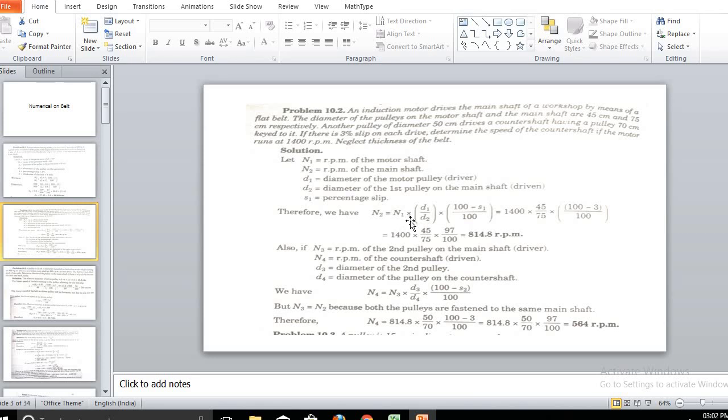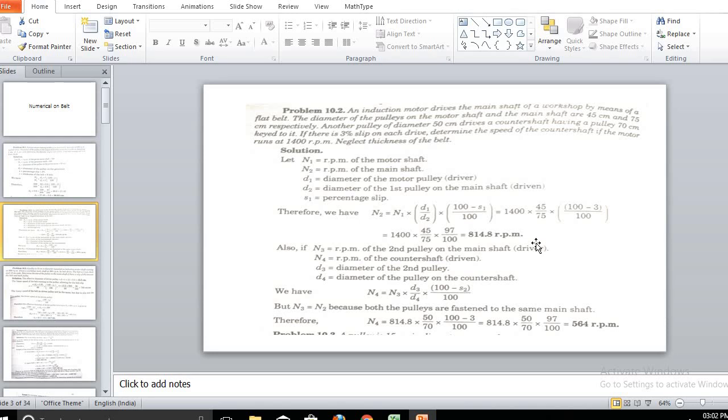N2 by N1 is equal to D1 by D2. Slip is given, so this bracket is added here. N1 is given as 1400 rpm, D1 and D2 are 45 and 75, into 100 minus 3% slip. This gives the RPM N2.